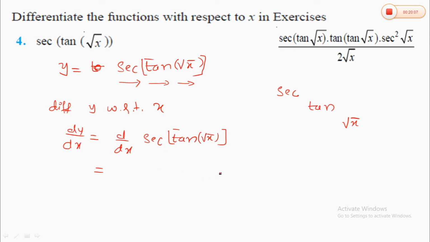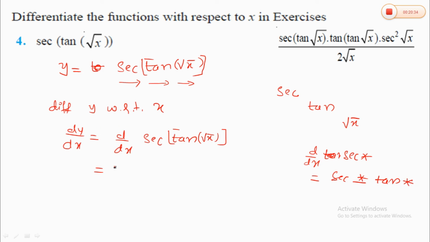So here, dy/dx of sec equals sec times tan, sec star tan star in this manner.